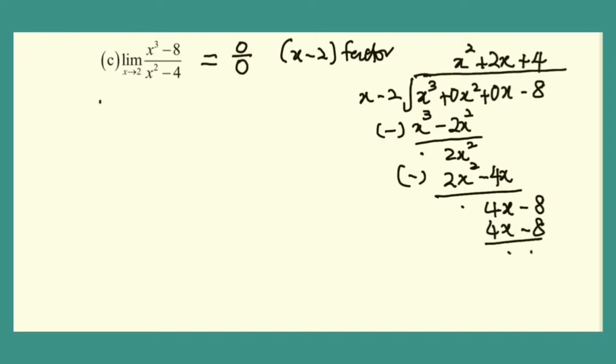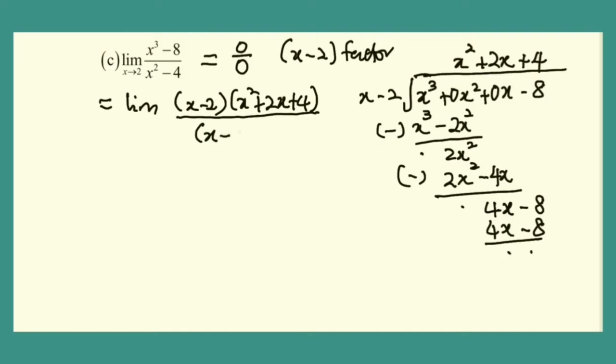Now this limit becomes limit (x minus 2) times (x squared plus 2x plus 4) divided by x squared minus 4, which can be factorized as (x minus 2)(x plus 2), as x approaches 2. Now we can cancel out x minus 2.